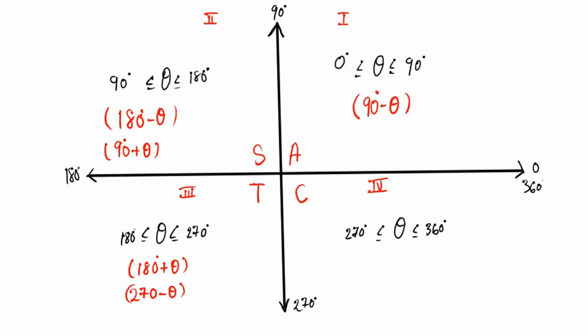And in the fourth quadrant, we've got angles greater than or equal to 270 and less than or equal to 360, so this can also be called the 360 minus theta quadrant, or the 270 plus theta quadrant.